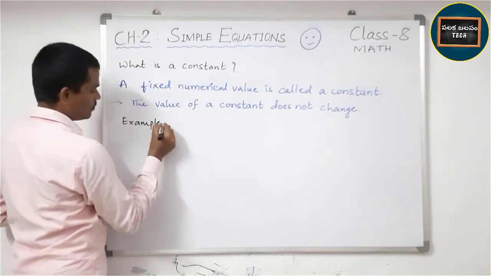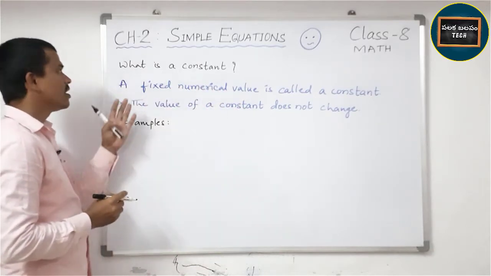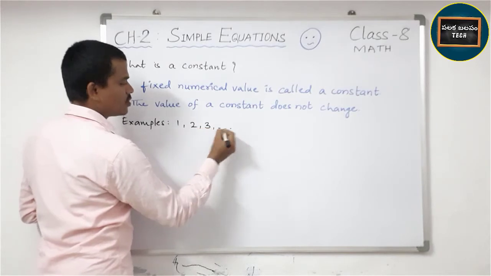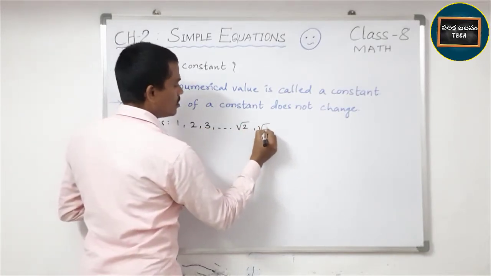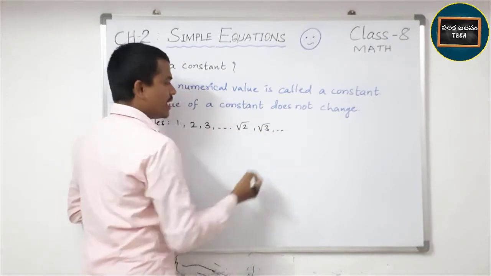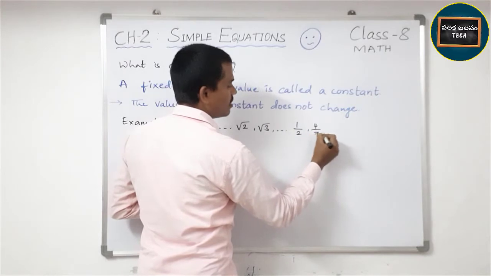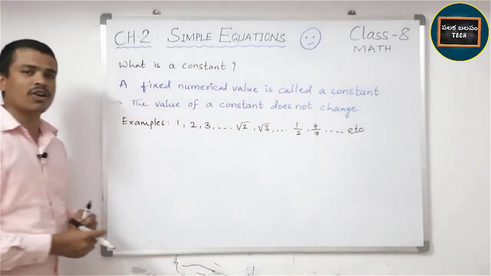Examples we can take as the fixed numerical values as the constants. So here 1, 2, 3 and so on we can take as the constants, or else root 2, root 3 and so on, or else fractions 1 by 2, 4 by 7 and so on, etc. we can consider as the constants.